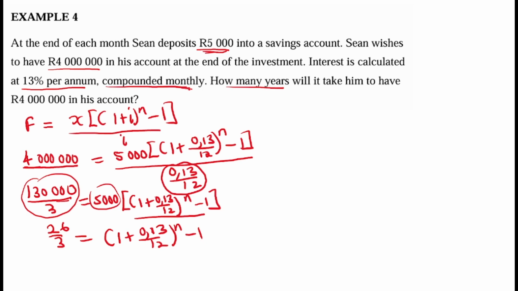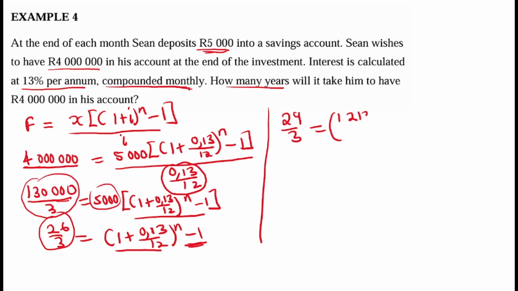Make sure you're doing this in your calculator and getting these values. Next we add 1 on both sides of the equation, so that we have 26 over 3 plus 1, which gives 29 over 3, equal to 1 plus 0.13 over 12, which we must get as 1,213 over 1,200, to the power n.